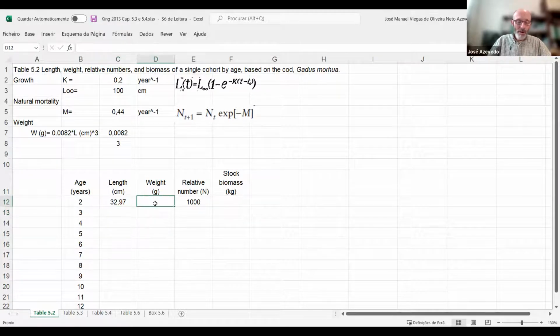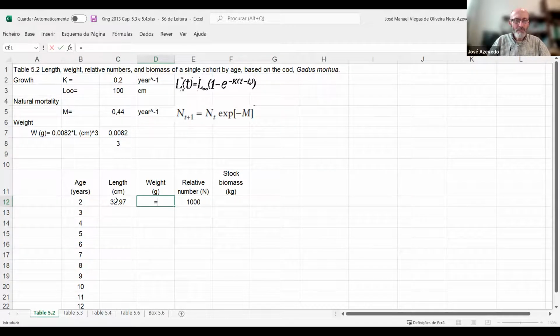And their weight will be given by this formula here, which says that the weight equals this coefficient times the length raised to the power of 3. Oops, there's something wrong here. So let me start again.